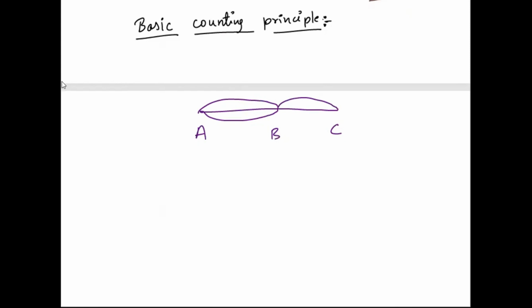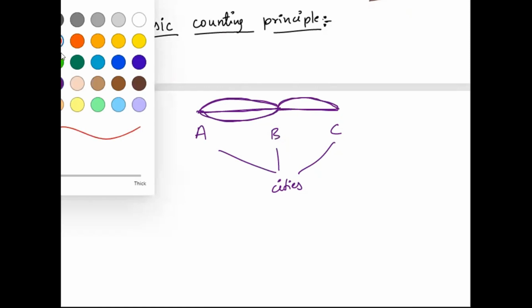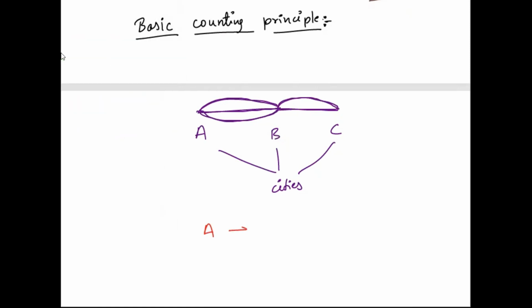So there are 3 roads, 1, 2, 3 from A to B, and there are 2 roads, 1 and 2 from B to C. So A, B, C are the 3 cities, connected by 3 roads followed by 2 roads. If I ask you, in how many ways can you go from A to C?